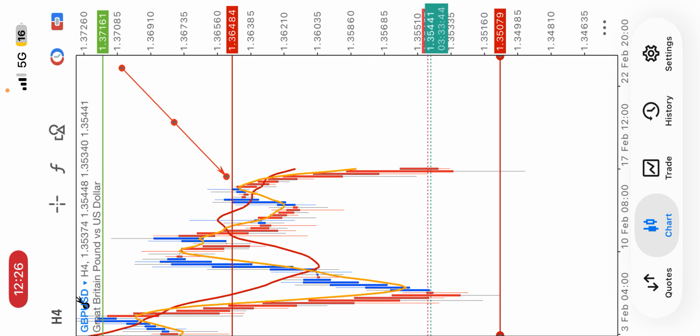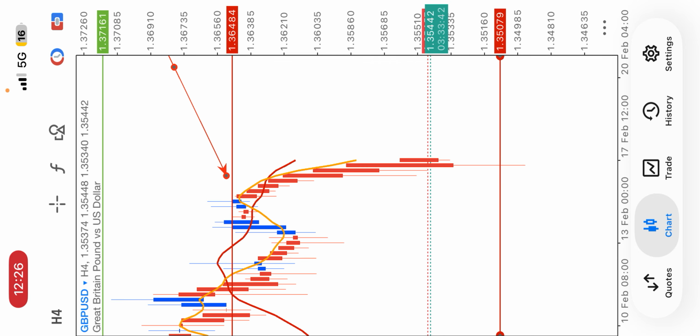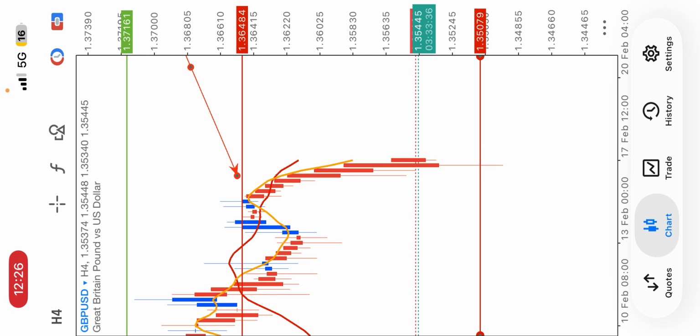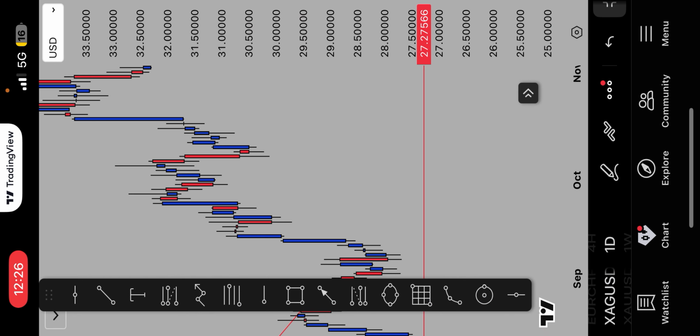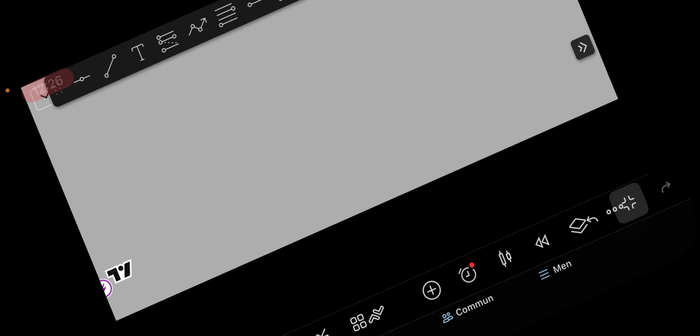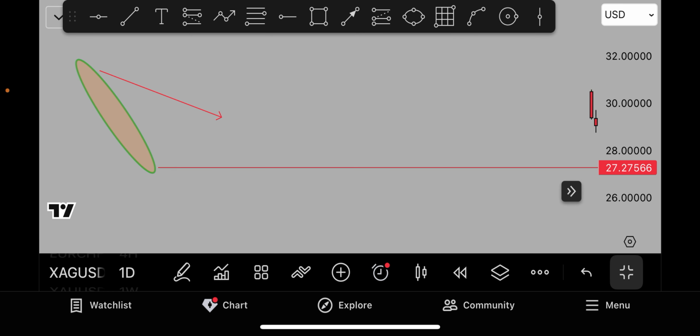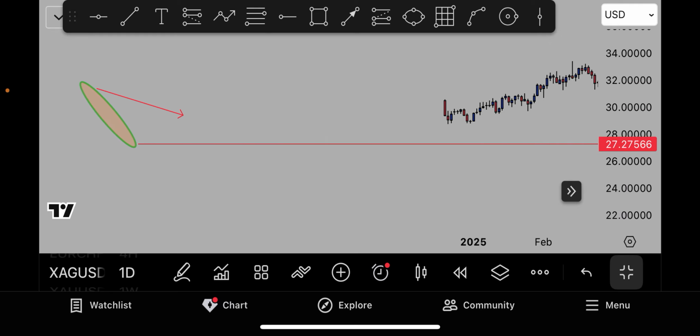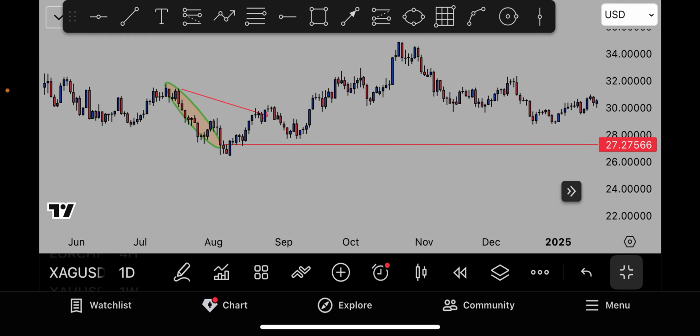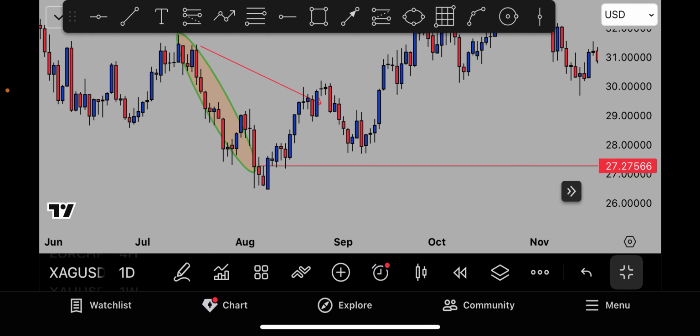I didn't use no secret indicators or nothing. Simply just candle science, you guys. And like I said, we make trading so difficult for ourselves that we forget that it's really a simple game. It's only simple when we have a clear understanding on what we're looking at, why we're looking at it, and what not to do in certain moments.